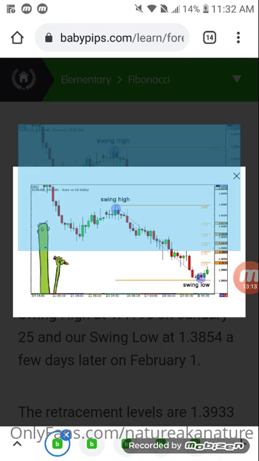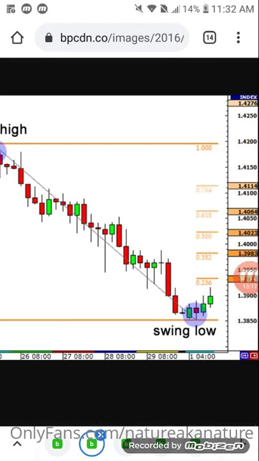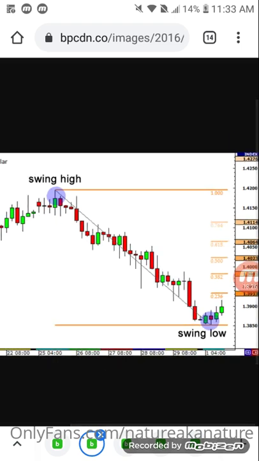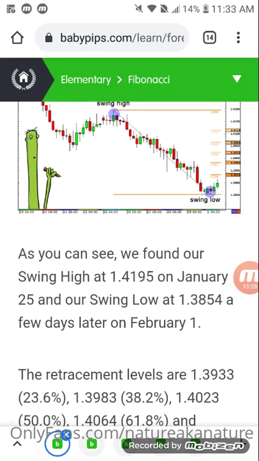Price could retrace back to any of these levels before resuming in the overall direction. It could go back to the 61.8, the 50, the 38.2, the 23.6, or the 76.4.